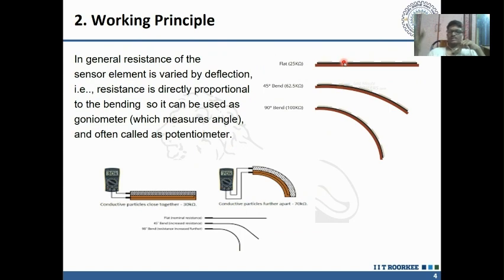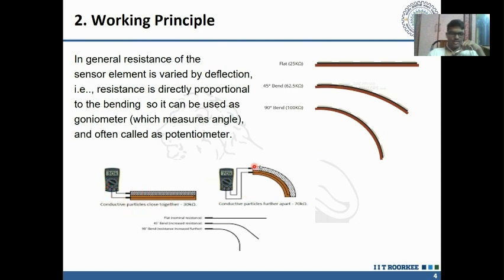Next, how does a flex sensor work? The basic principle is, when there is bending, due to the elastic property of the material, it elongates, so the resistance, which depends on the length, also increases. They are directly related to some extent, and we use that property to measure the bending.